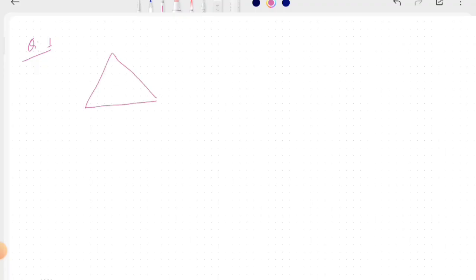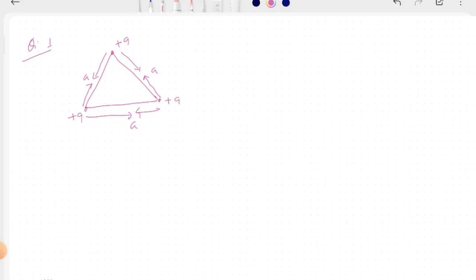Question 1: there is a triangle, each side has length A, and the charges at the corners are plus Q, plus Q and plus Q. Calculate the energy of these configurations.